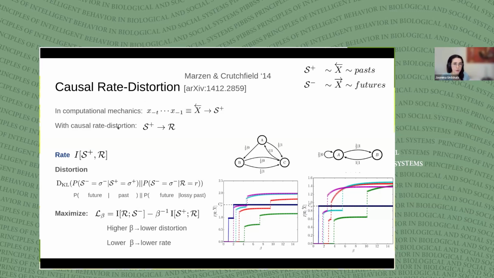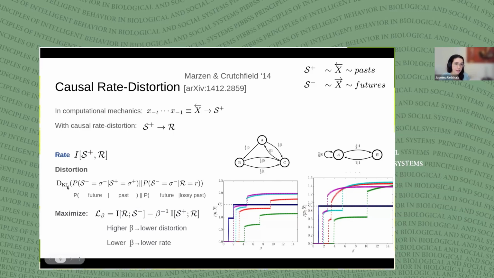Now with causal rate distortion, we take these equivalence classes or these causal states, and instead of compressing the sequences themselves, we compress the equivalence classes or the causal states into some lossy representation R thereof. So I have the same measures as I did before, the rate in terms of the causal states now, and the distortion.